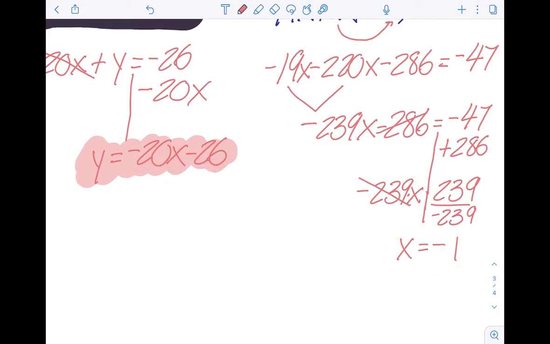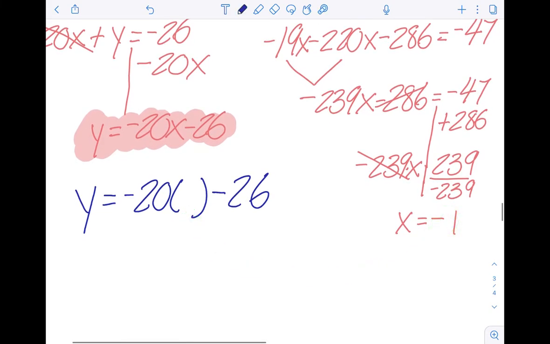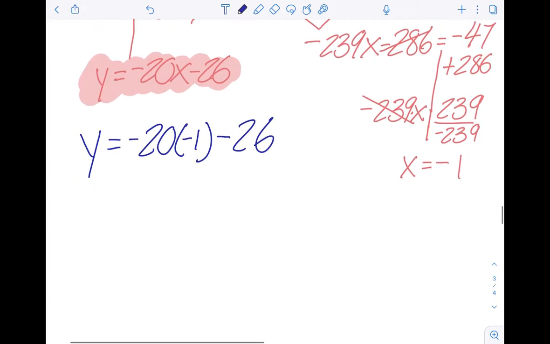So what I'm going to do is write y is equal to negative 20 parentheses minus 26. But I know negative 1 is going right in there because x is equal to negative 1. So negative 20 times negative 1 is just 20.